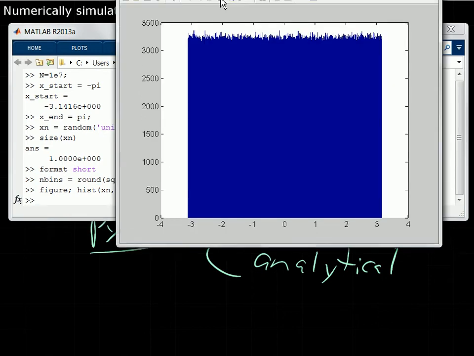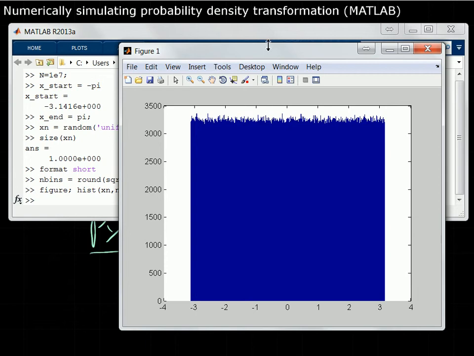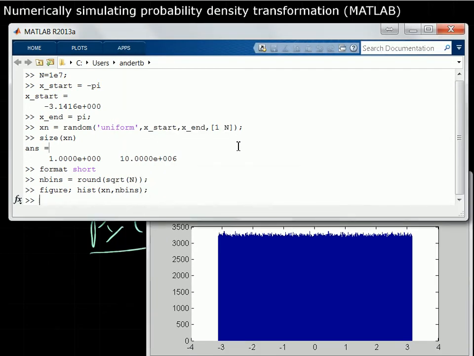Okay, so this is the figure we have, and this shows the results of those 10 million runs. We see on the horizontal axis what the actual values of x are.